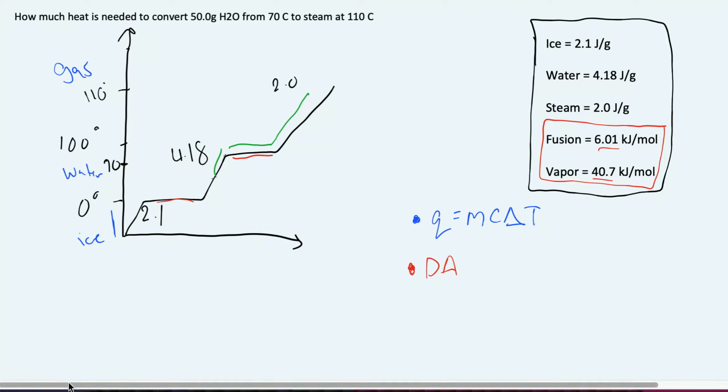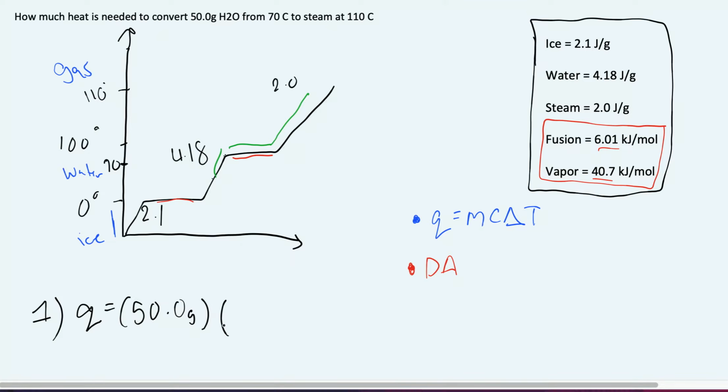So first, map out your first travel path, 1. We're using a diagonal. We're traveling up a diagonal to get to 100. To do that, you'll use your Q equals mcΔT. So Q is equal to your mass, which is 50.0. It's given to us in the problem.